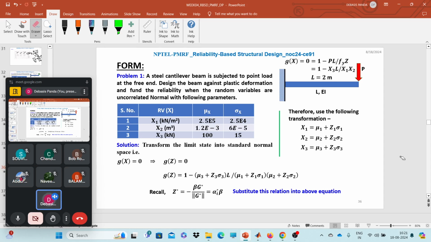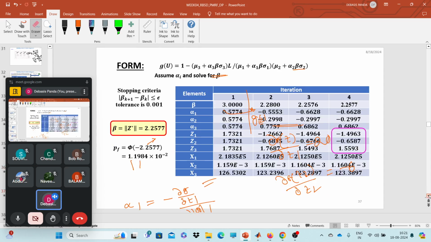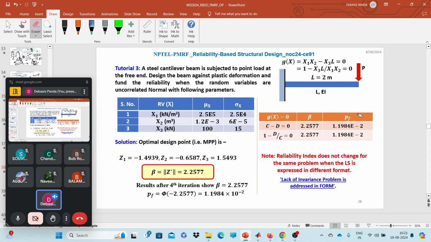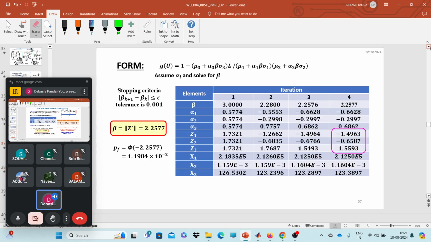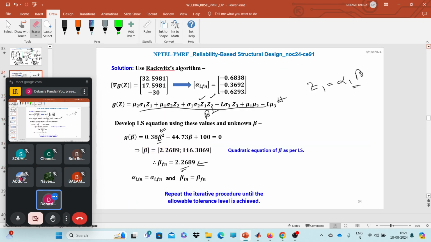The second problem I have already solved here, and I have checked that the lack of invariance has been addressed. Look at this, the final estimate of beta will be the same for the two cases, and the final estimation of Pf will also be the same for these two cases. So we don't need to worry about the lack of invariance problem while we are using the Rackwitz algorithm to solve the problem. Okay, so let's go to MATLAB and code it.